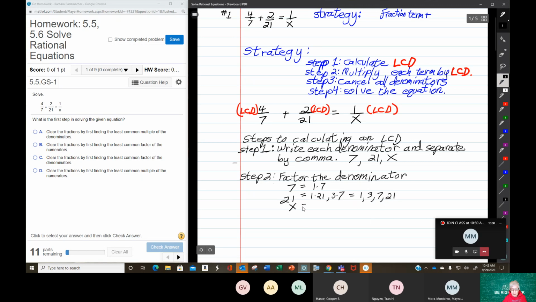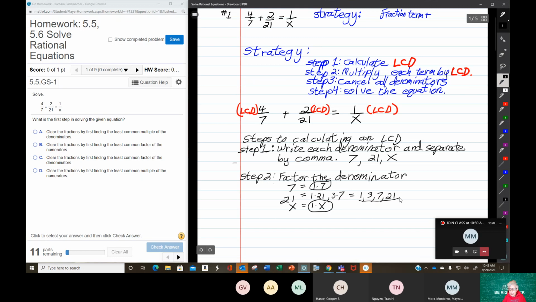And then x, I have no idea what x is. So I'm just going to say x and 1. So here's the factorization of 7, not very interesting, like the factorization of x.